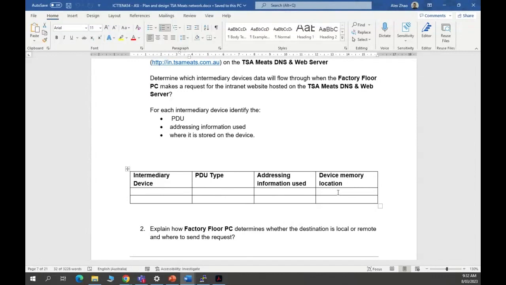What was the device memory location, where you would store the MAC addresses for the switch? MAC address table or the content addressable memory, okay? Either, doesn't matter. And what about for the router? Where does it store this addressing information?